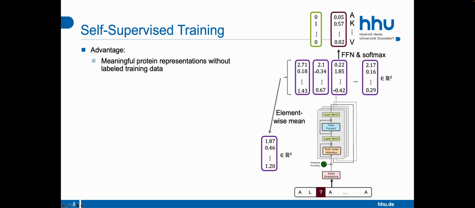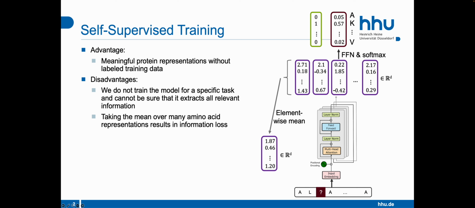The advantage of this method is that we can generate meaningful protein representations even for prediction tasks where we don't have a lot of labeled training data. The disadvantages of this approach are that we did not train the model for a specific task, and therefore we cannot be sure that the resulting protein representations contain all information that is relevant for our prediction task.